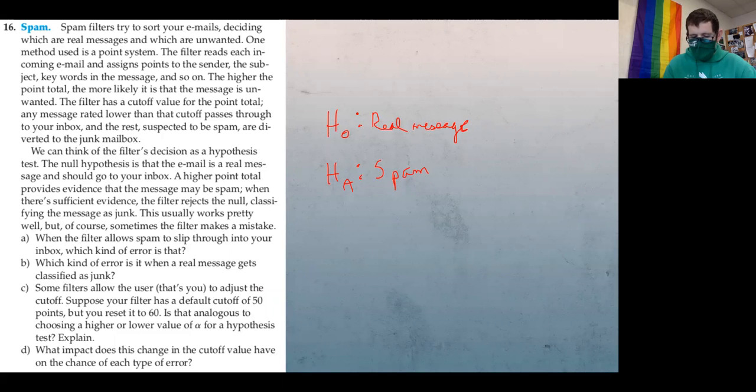When we're saying that the alternate hypothesis is that it's spam, we're not saying in reality it's spam. We're saying it's been decided by this algorithm that it's spam. Now, if a spam message is determined to be a real message, then that is an example of failing to reject. So we failed to reject the null when we should have. So is that type 1 or type 2? Type 2.